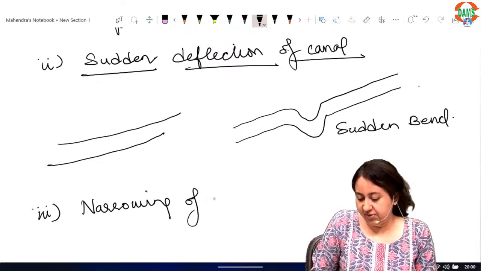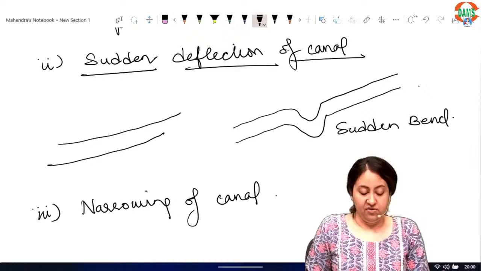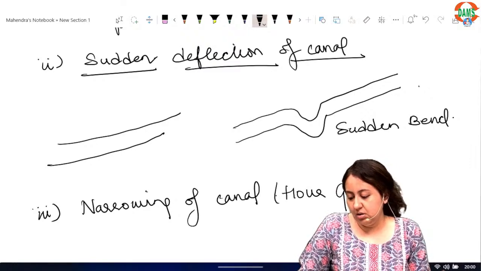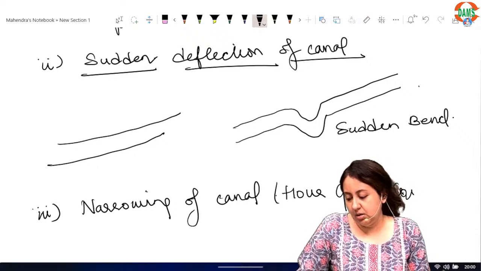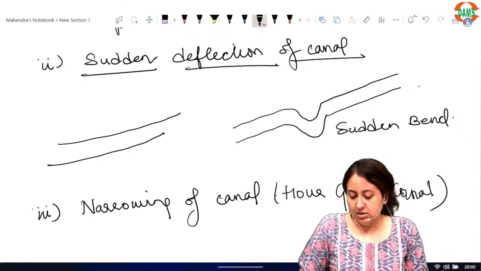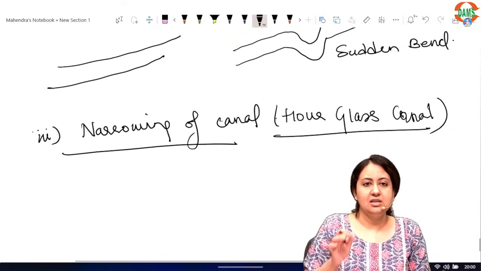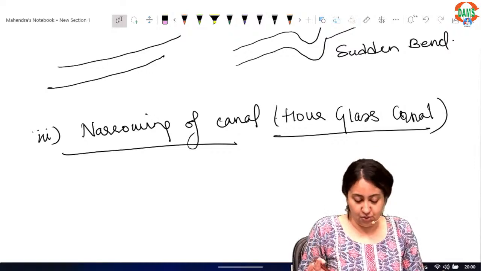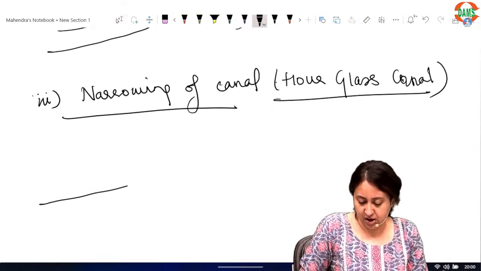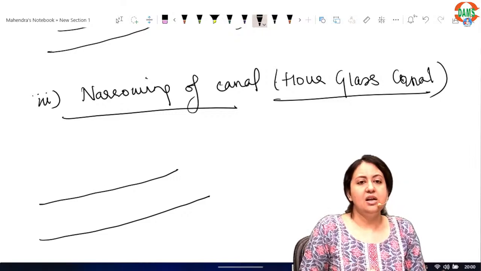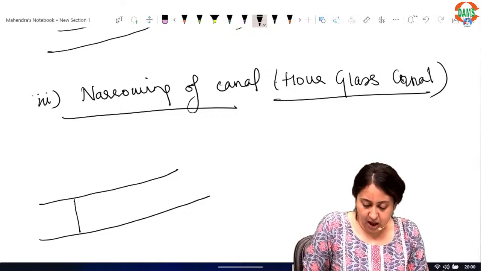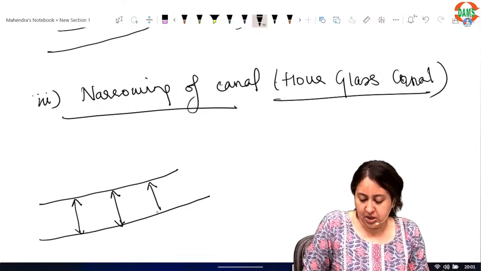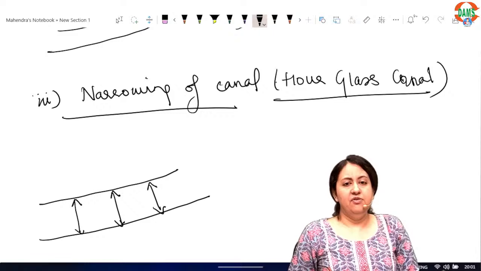Narrowing of canal, that is also known as hourglass canal. Now please understand the difference between deflection of canal and narrowing of canal. You don't have to get confused, नहीं होना है. Now if you see at any inferior alveolar canal, it will have a maintained width between the superior cortex and inferior cortical outline.